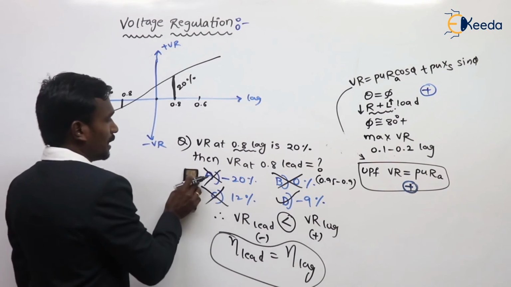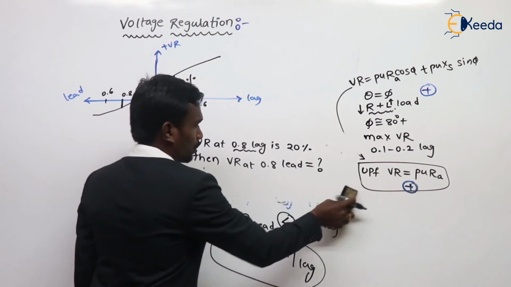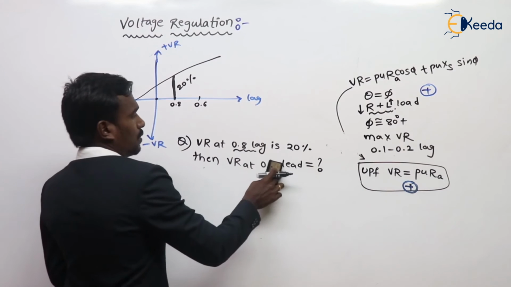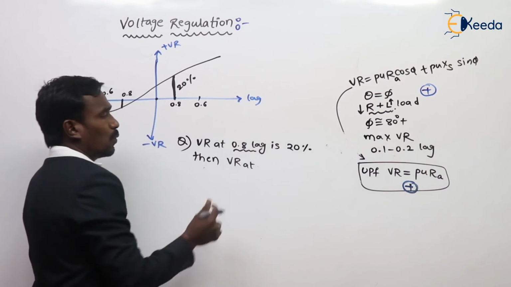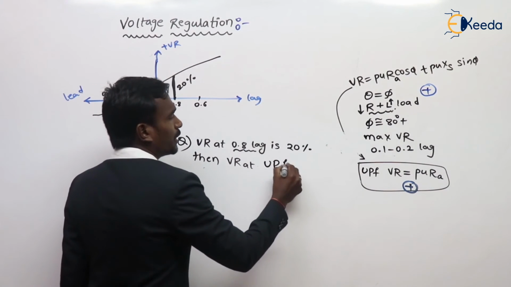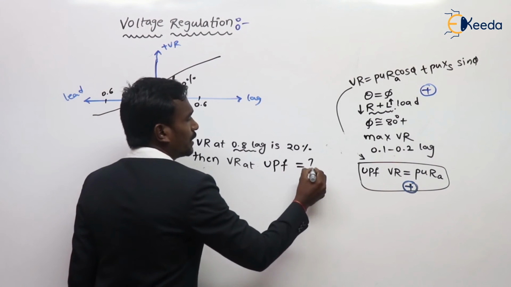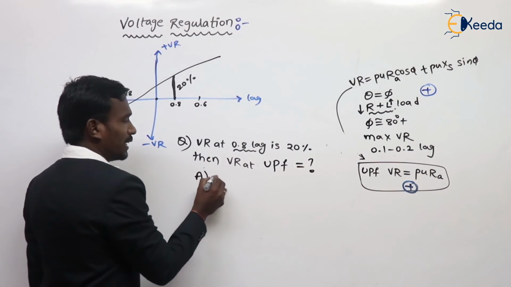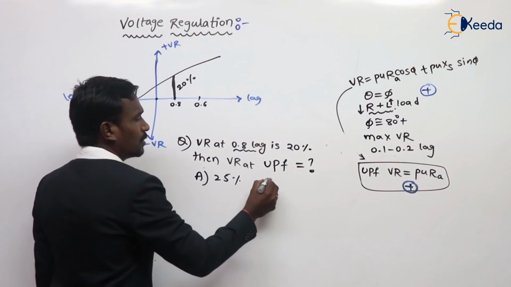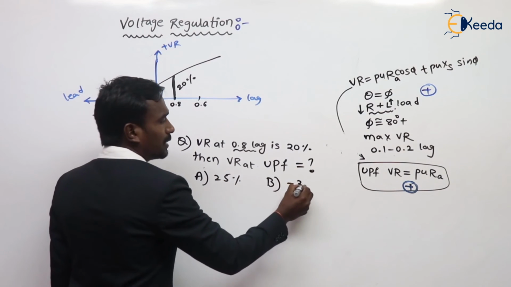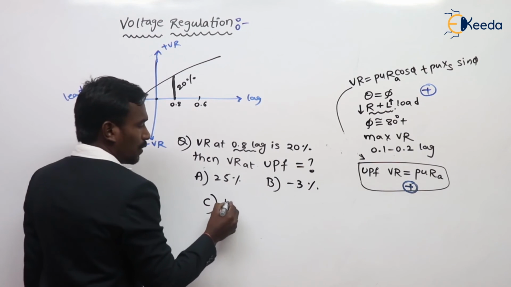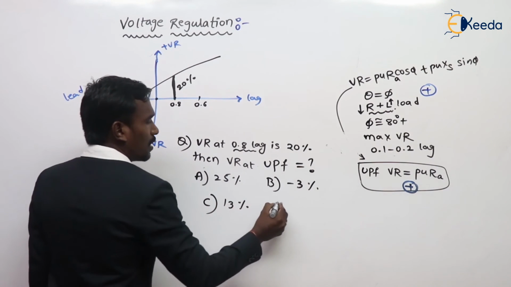Next question. Same question: what is voltage regulation at unity power factor? Option A, 25%. Option B, minus 3%. Option C, 13%.